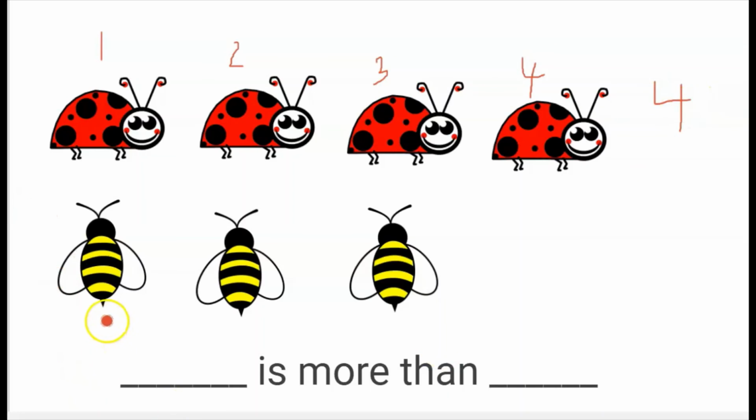Let's count the bees. 1, 2, 3. Which number is more? 4. 4 is more than 3. We can see that when there's only 3 bees, there's no more bees and the ladybugs keep going. We can count more ladybugs. 4 is more than 3.